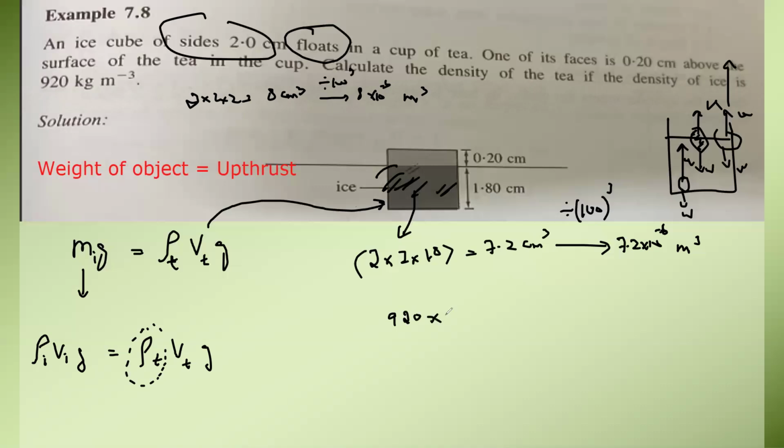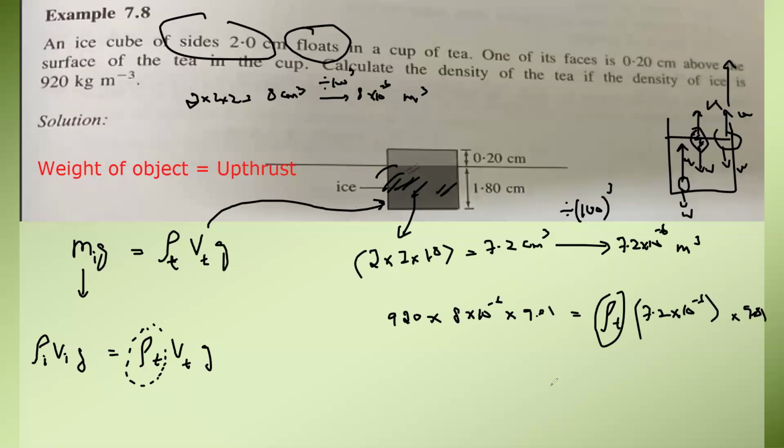Volume is 8 into 10 power minus 6, the volume of the ice, multiplied by gravity 9.8. The density of the T we don't know, multiplied by the volume of the T which is displaced, that is 7.2 into 10 power minus 6, multiplied by 9.81. So we just simplify and make the density of the T the subject.